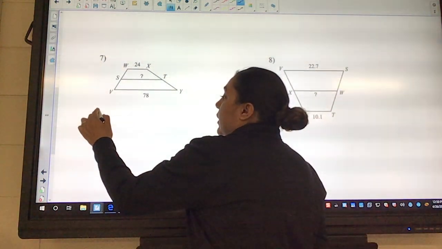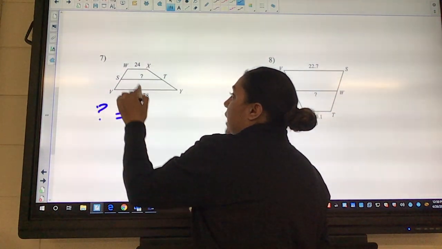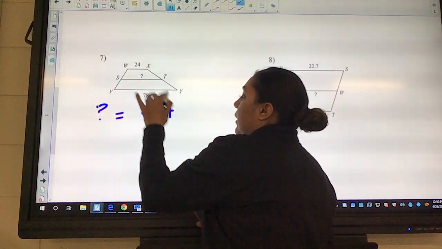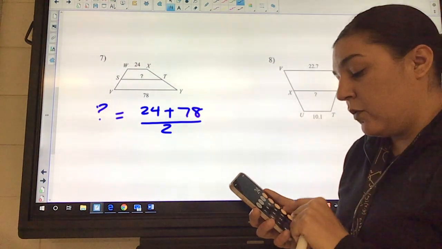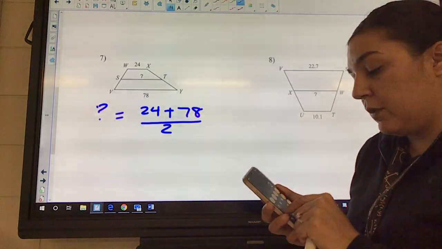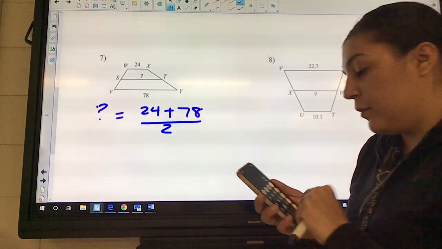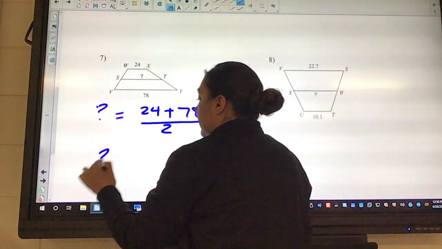So we have the middle equals the top, which is 24, plus the bottom, which is 78, divided by 2. So we have 24 plus 78 divided by 2. Then the middle is going to be 51.